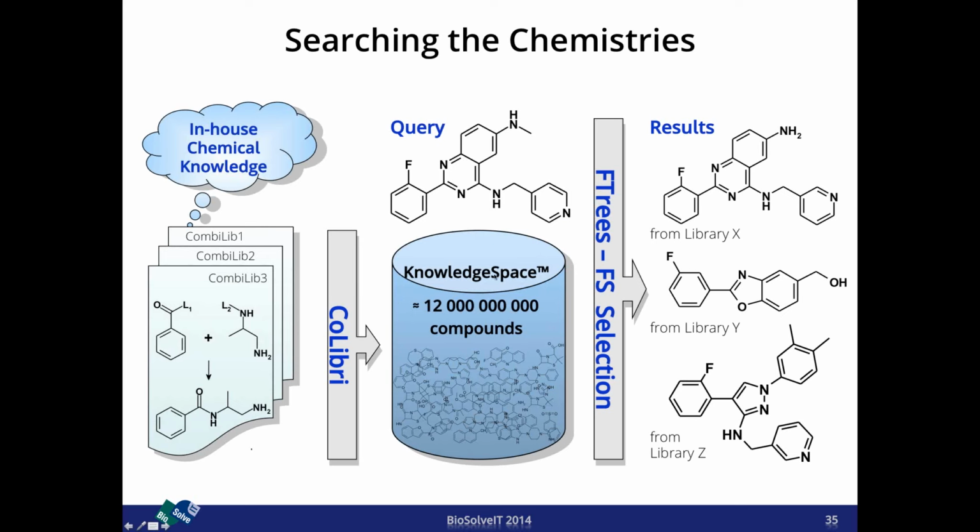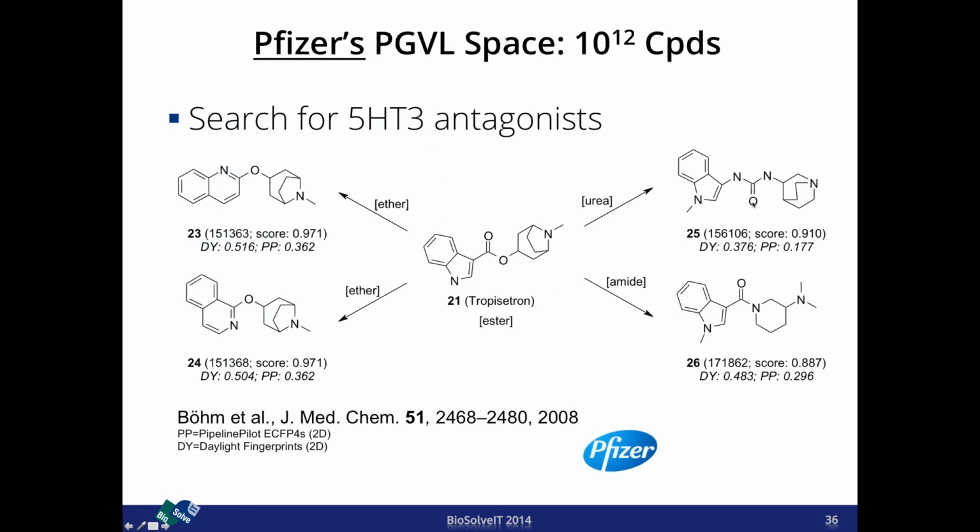For example, one public space that we have is the so-called knowledge space with roughly 10 to the 10th molecules in there. And then we would use this technology that I described before, which is called feature trees fragment spaces, or feature trees FS. They would do the selection and will give you the results annotated with the information from what library you can actually synthesize those molecules. That's how it would work.